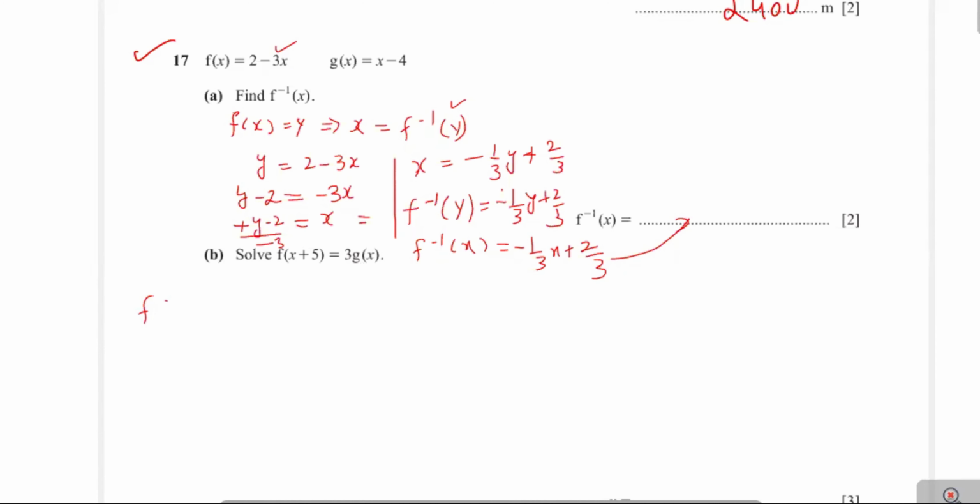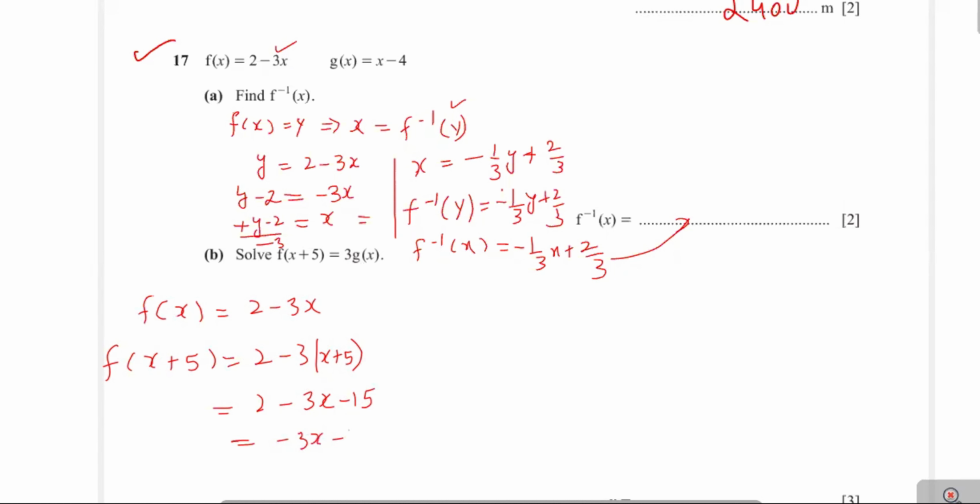Part B, solve f of x plus 5 equals 3g of x. Now you see here f of x equals 2 minus 3x. Now f of x plus 5 will be equal to 2 minus 3 times (x plus 5). Now we simplify it, we get 2 minus 3x minus 15, and that's equal to minus 3x minus 13. And same here, 3 times g of x.